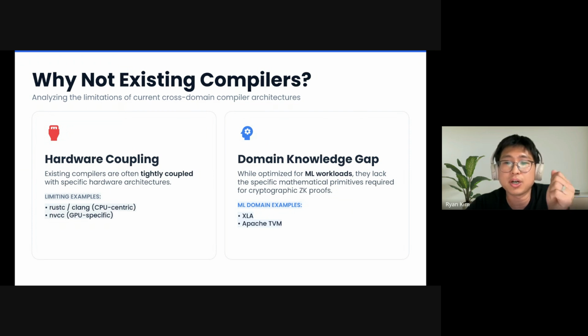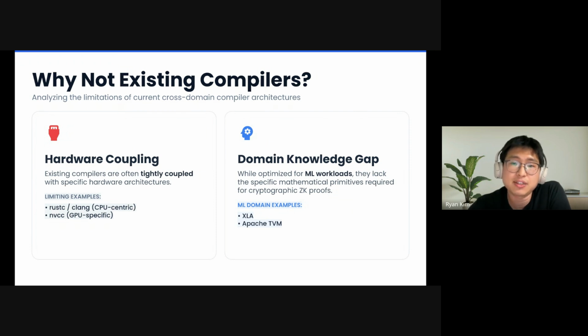They don't know anything about ZK math. They treat a Montgomery multiplication the same as any other integer multiplication. They don't see, oh, this MSM can be decomposed into smaller MSMs because of the algebra. That's invisible to them.